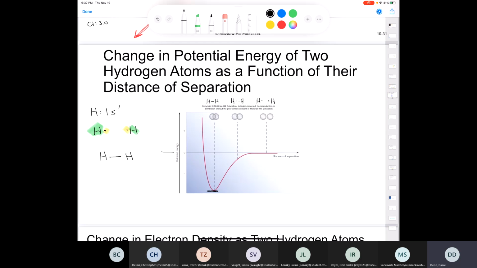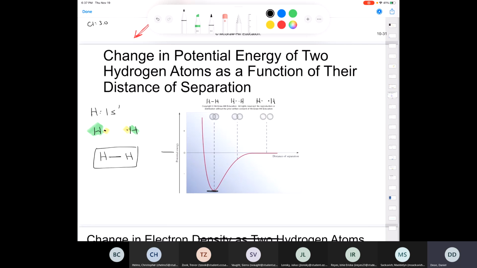It gets as low as it can. And that distance between the two nuclei is the bond length between the two hydrogen atoms. And again, the reason why they bond to form H2 like this is because the attractive forces are maximized between the electrons and the nuclei, and the repulsive forces are minimized.